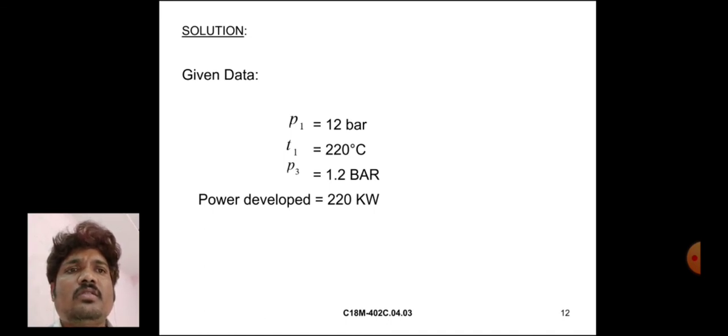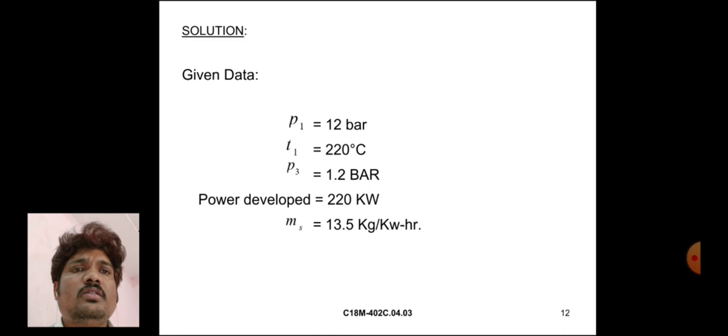Power developed is 220 kilowatts. Ms is equal to 13.5 kg per kilowatt per hour. D2, the diameter of the throat, is 7 mm.